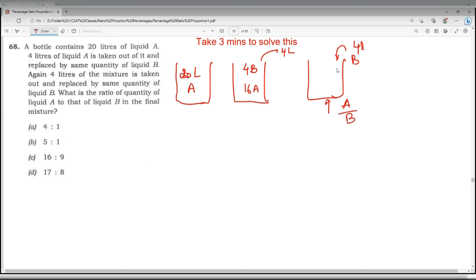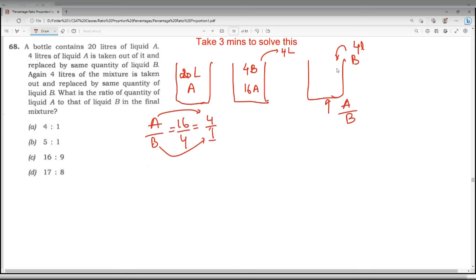So in this solution, A and B are in the ratio 16:4, which is equal to 4:1. For every 5 units, 4 units are of A and 1 unit is of B in that 20 liters. So the total mixture is 20 liters here.